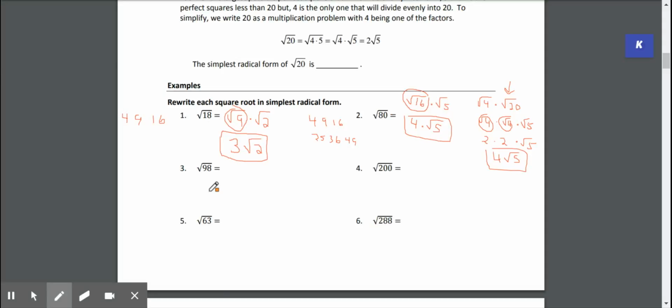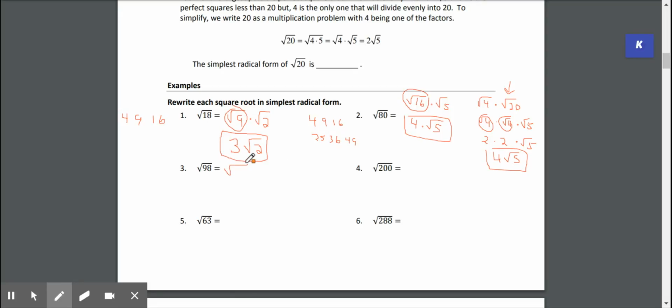Okay, taking a look at 98. Rather than testing all these numbers, I know it's not divisible by 4. It doesn't follow our rules of 4. 16 wouldn't go in. If it's not divisible by 4, it's not going to be divisible by 16. Clearly not divisible by 25. 36 wouldn't work, so I'm going to start with 49.